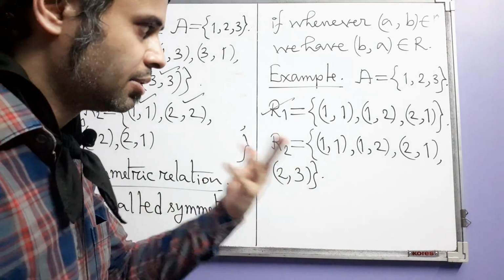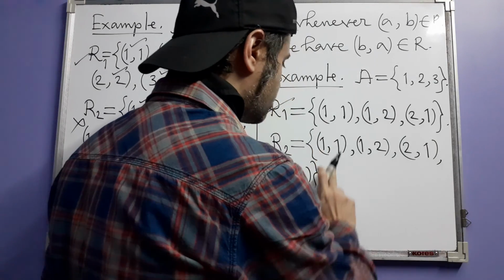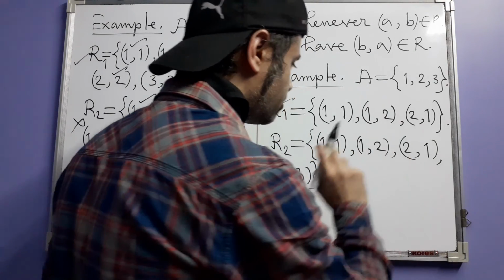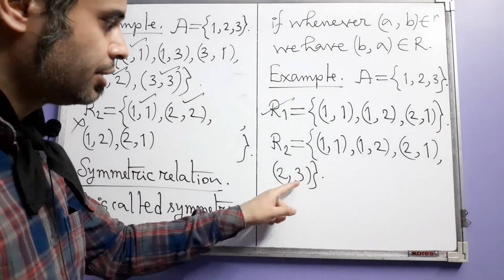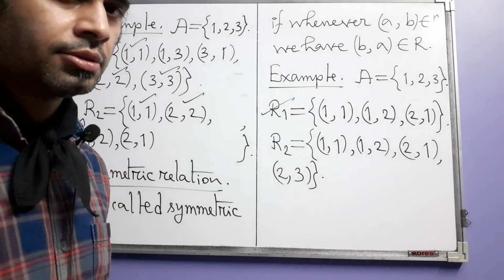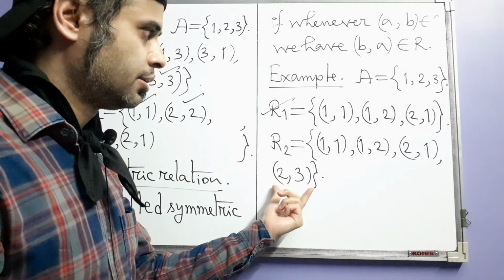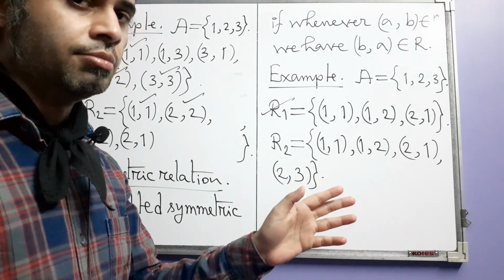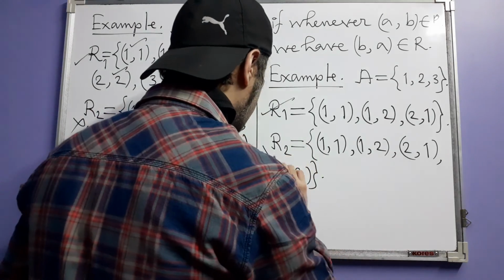Symmetric. Okay, I meant symmetry. As far as symmetry is concerned, these elements do not cause any problem, but this one causes a problem because 3 comma 2 does not belong to R2. So this condition fails for this element. It should not fail for any element, then only it can be symmetric. This is not symmetric.